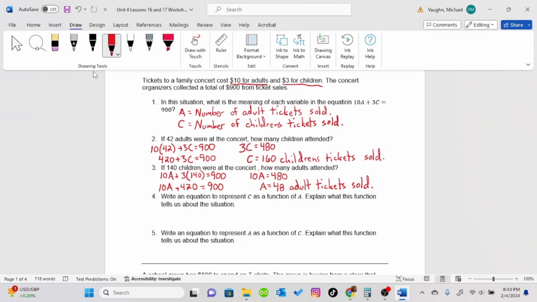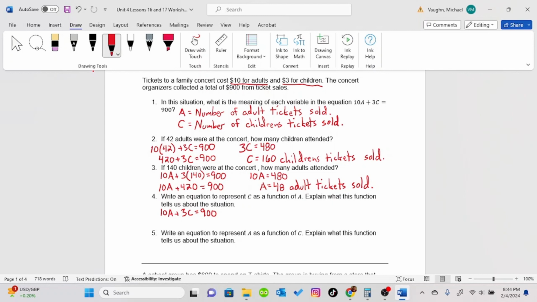Number 4, write an equation to represent C as a function of A. Explain what this function tells us about the situation. So we want to take the original equation 10a plus 3c equals 900, and we want a function that solves for c.